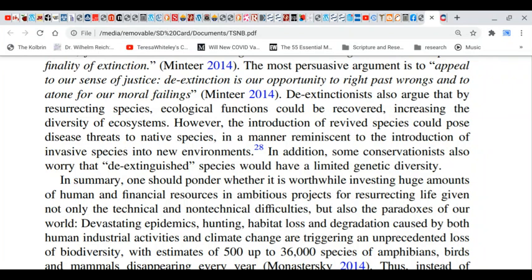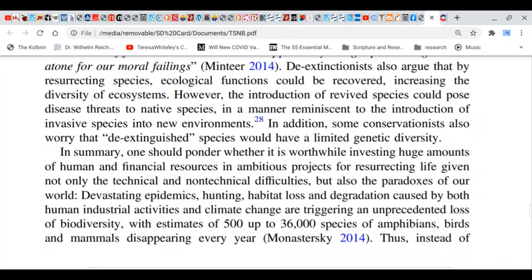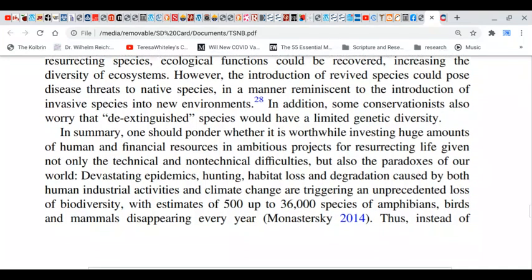In summary, one should ponder whether it's worthwhile investing huge amounts of human and financial resources in ambitious projects for resurrecting life, given not only technical and non-technical difficulties, but also the paradoxes of our world.